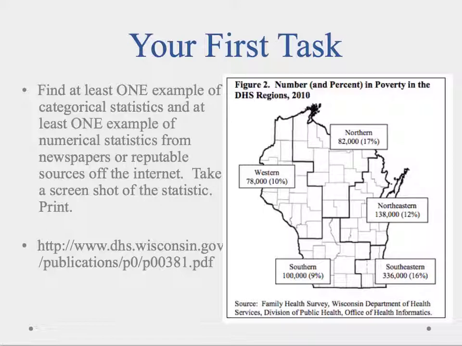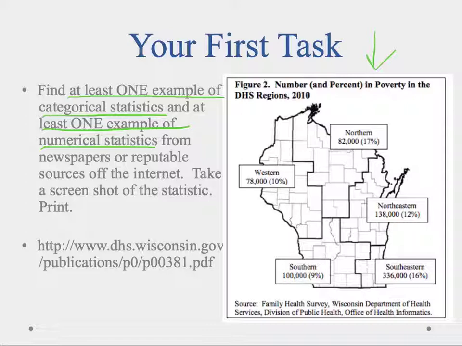You have 2 tasks to complete by seminar. The first task is to find at least one example of a categorical statistic, and at least one example of a numerical statistic. And I'd like you to look at that from newspapers or reputable, good online sources. You can take a screenshot. That's what I did here.